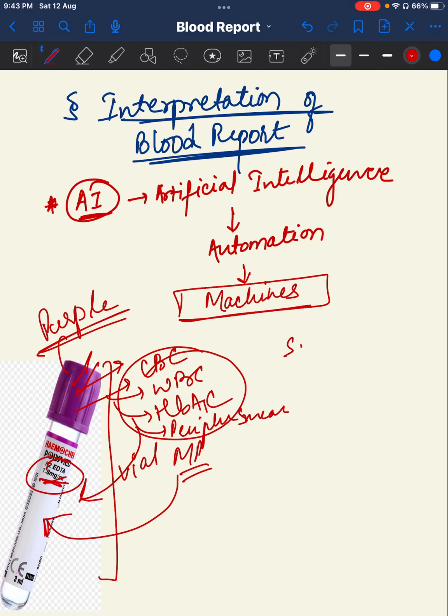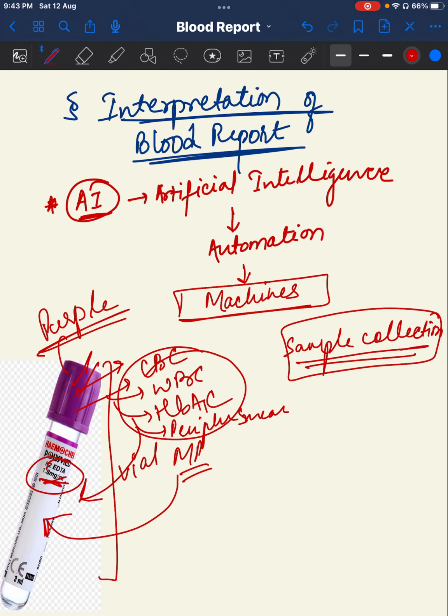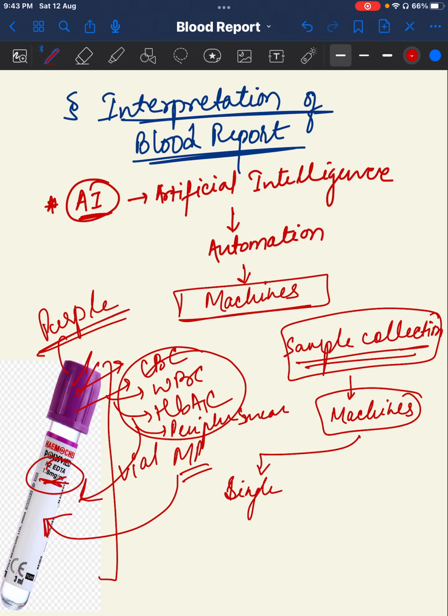Once you have done the sample collection, it depends upon you in which machine you want to run the sample, as there are various types of hematology machines for the CBC. There are certain machines in which a single sample is run, meaning one sample will run at a time.